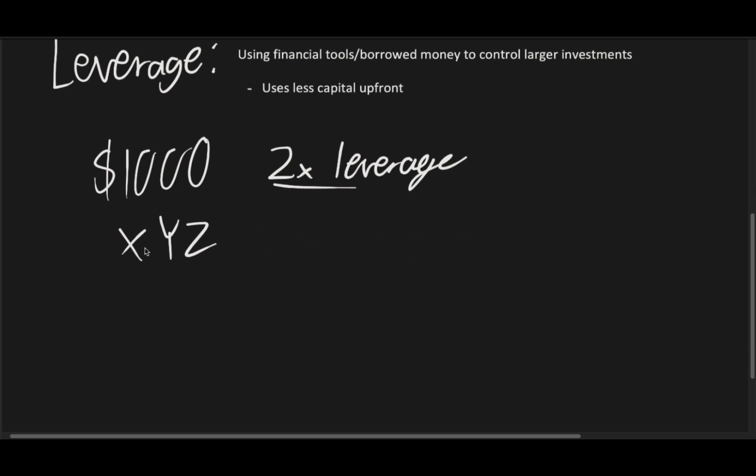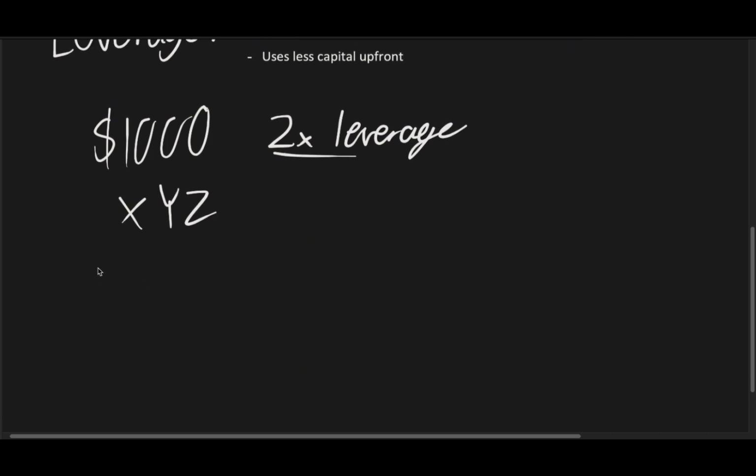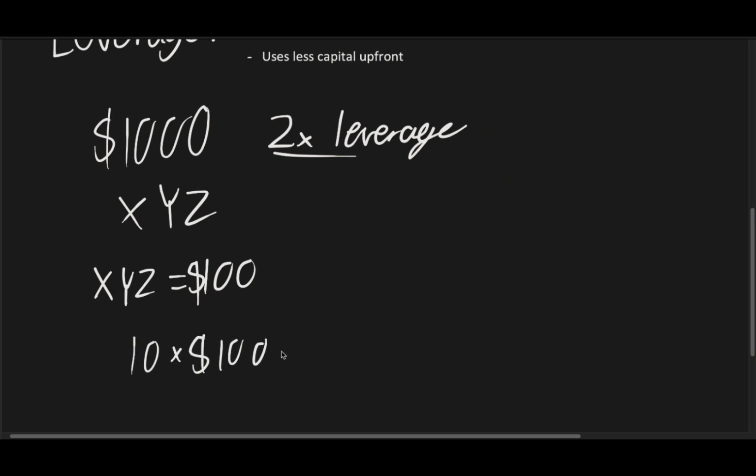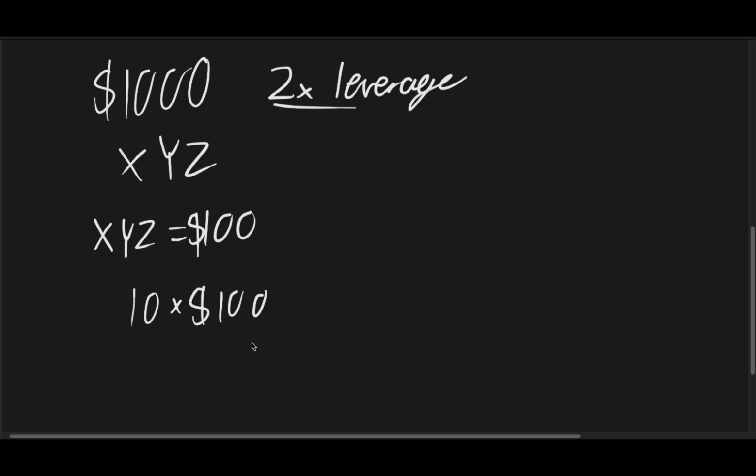So for example, let's say stock XYZ is trading at $100. Okay? Let's say you bought this stock XYZ. Let's say you have 10 shares. Okay, so 10 shares times $100. Right? So, let's say XYZ becomes $110.